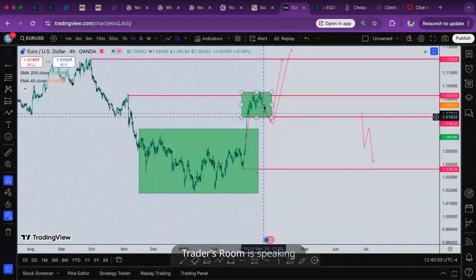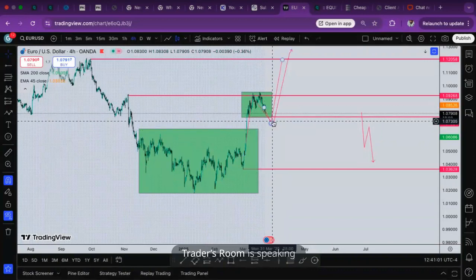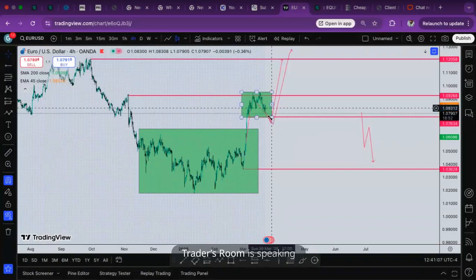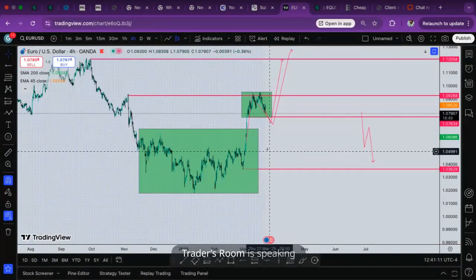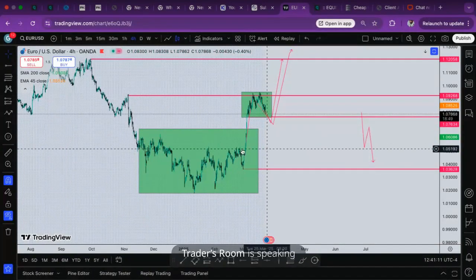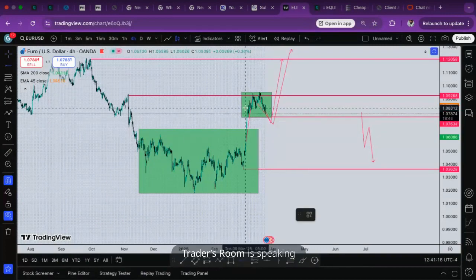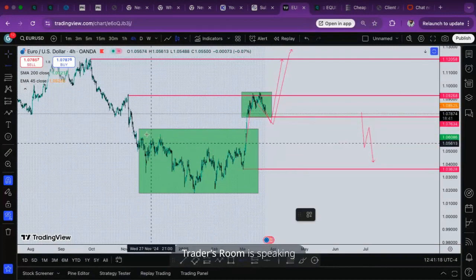If price sells to this level, I'll be confident enough to take trades on this level on a buy side, knowing that even if I'm wrong and it's going to continue selling, this is going to be the next level. If you continue selling without reversing or continuing on the buy side of the market on that place, this is going to be the next level.